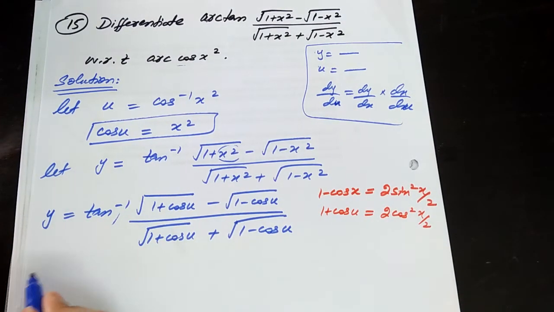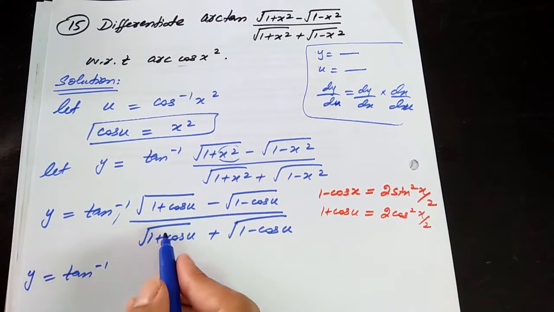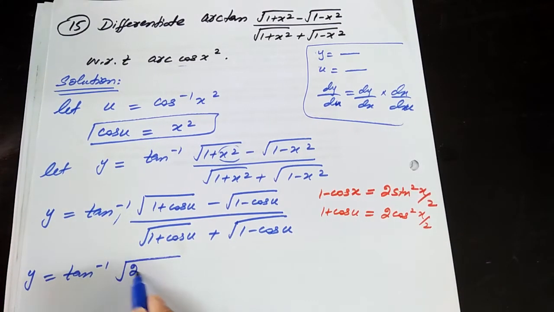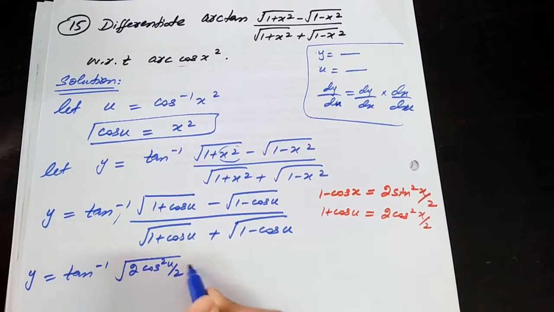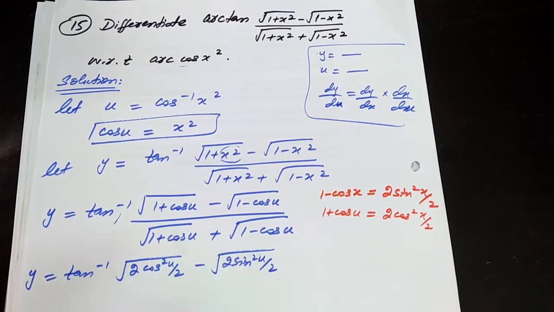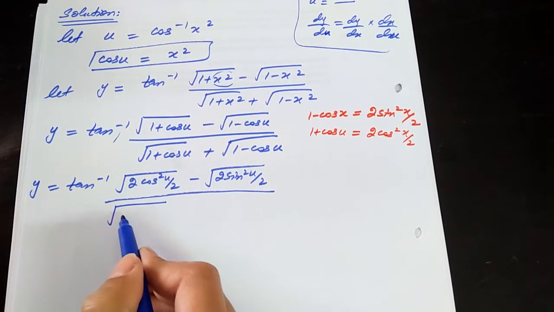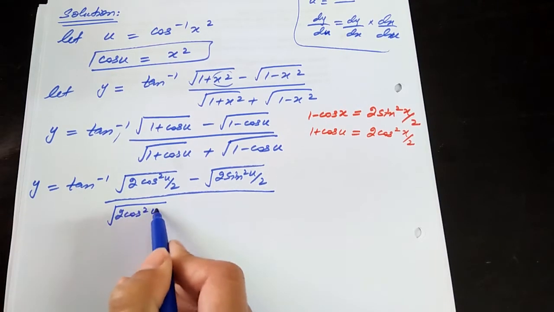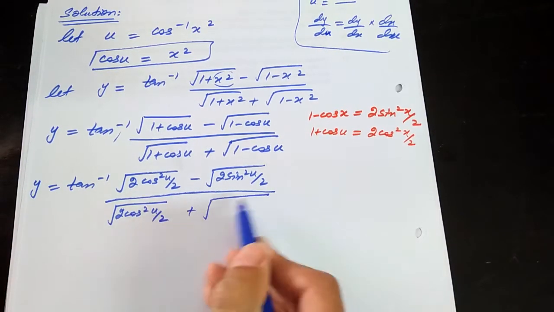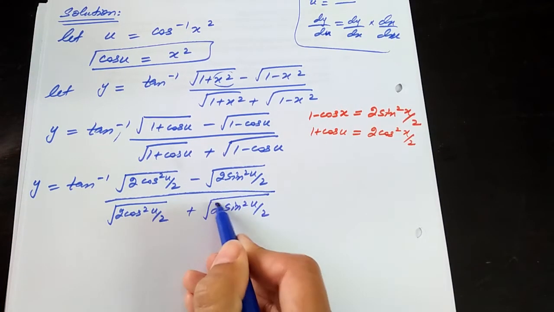We will get y equals tangent inverse, and inside I will get under root 2 cos square u by 2 minus under root 2 sine square u by 2, divided by under root 2 cos square u by 2 plus under root 2 sine square u by 2.